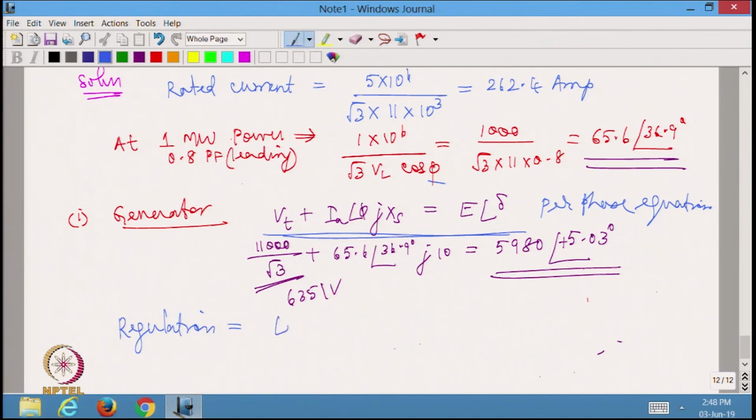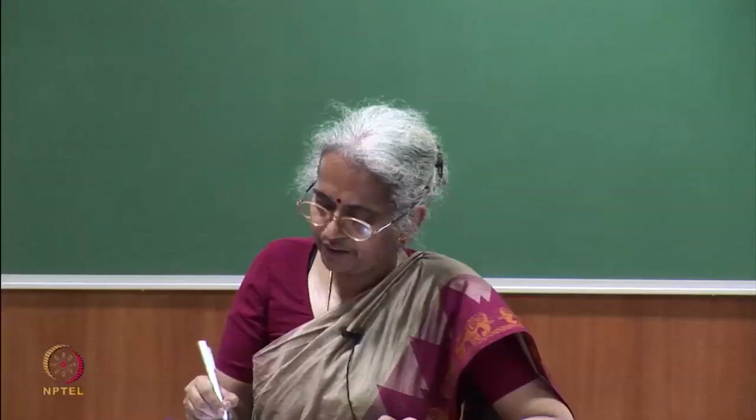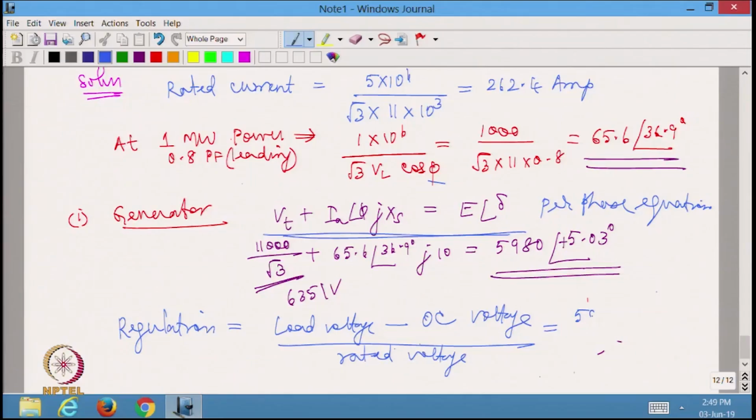It is load voltage or terminal voltage minus OC voltage divided by, I can say, rated voltage. So, here load voltage happens to be 5980 and this voltage happens to be 6351 if I am talking about generator.